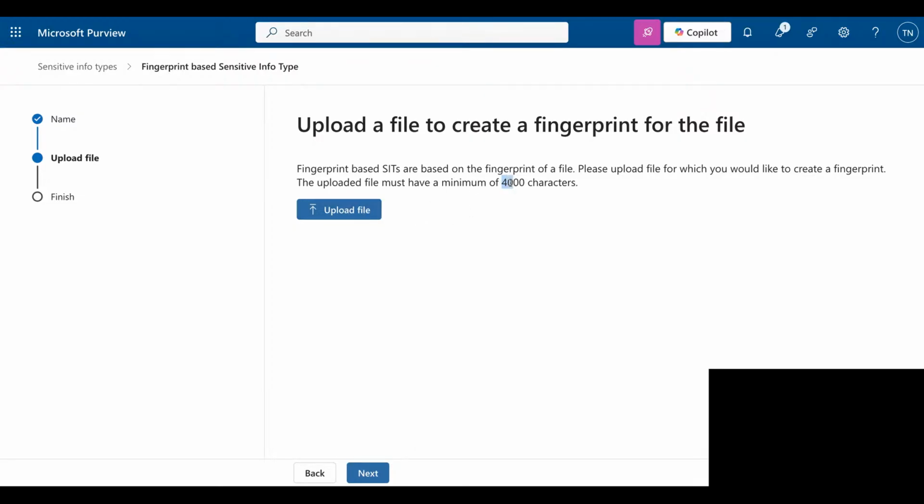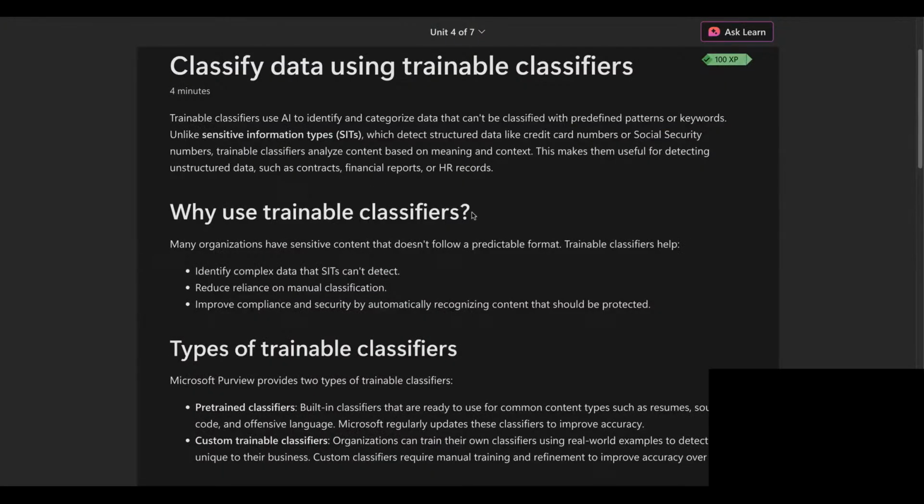And you see, it shows that the minimum must be 4,000 characters. So I'm going to have to upload multiple birth certificates so that it gets to know exactly. So I can't just upload one. I need different examples of what a birth certificate looks like. Okay, let's go back here.